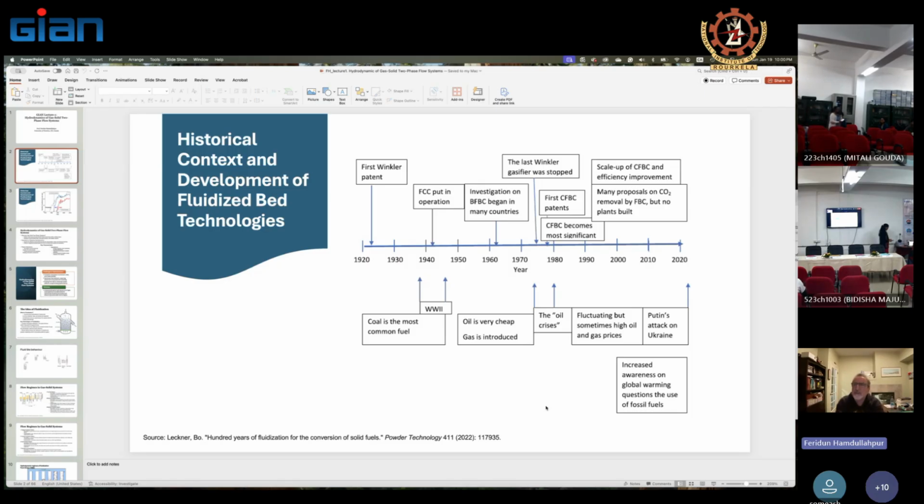So when did it all start? It started in 1900s. In Germany, a person called Winkler came up with a gasifier, and then obtained the first patent called the Winkler patent in this field, basically where solid and gas came together to form a gaseous substance.